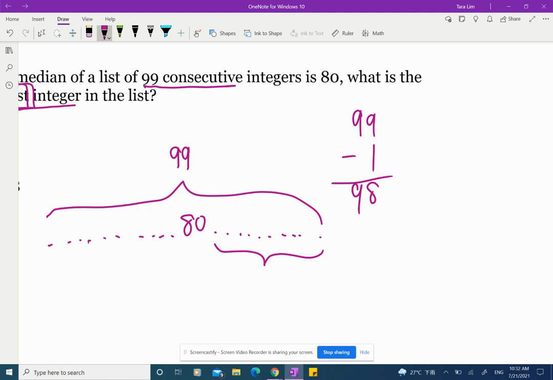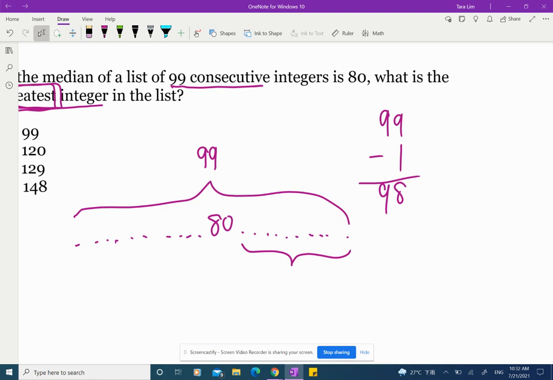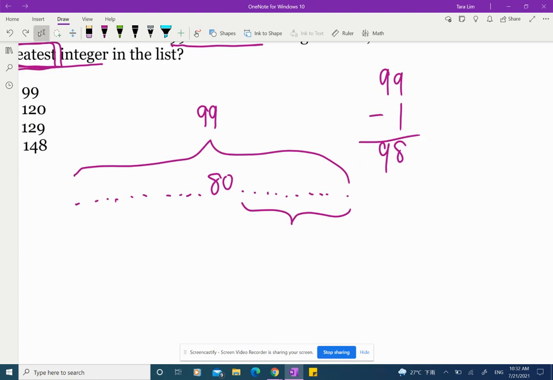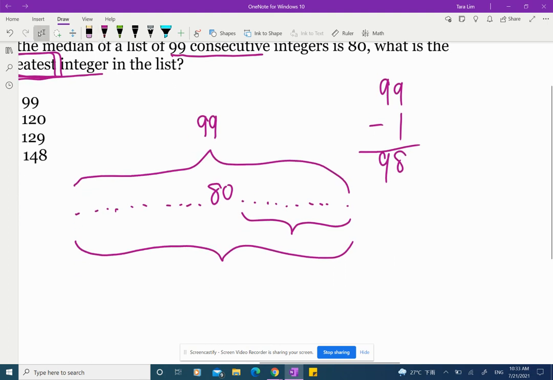So 98 are the consecutive integers, not including 80. We don't want to include the 80 here. Now 98, what is 98? 98 is the whole consecutive integers, not including the 80. But now I want to only know the consecutive integers here.